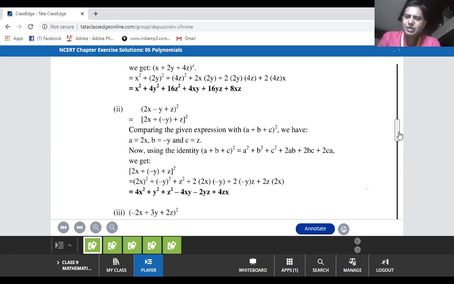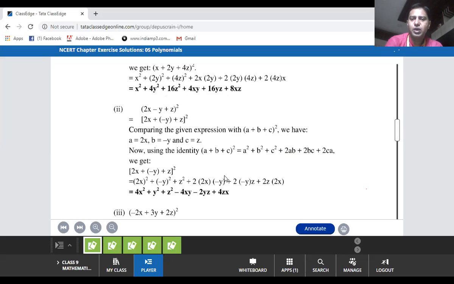We need to simply substitute the values of a, b, and c in a square plus b square plus c square plus twice ab plus twice bc plus twice ca. So instead of a square, we'll write 2x whole square, instead of b square, we'll write minus y whole square, and instead of c square, we'll write z square.